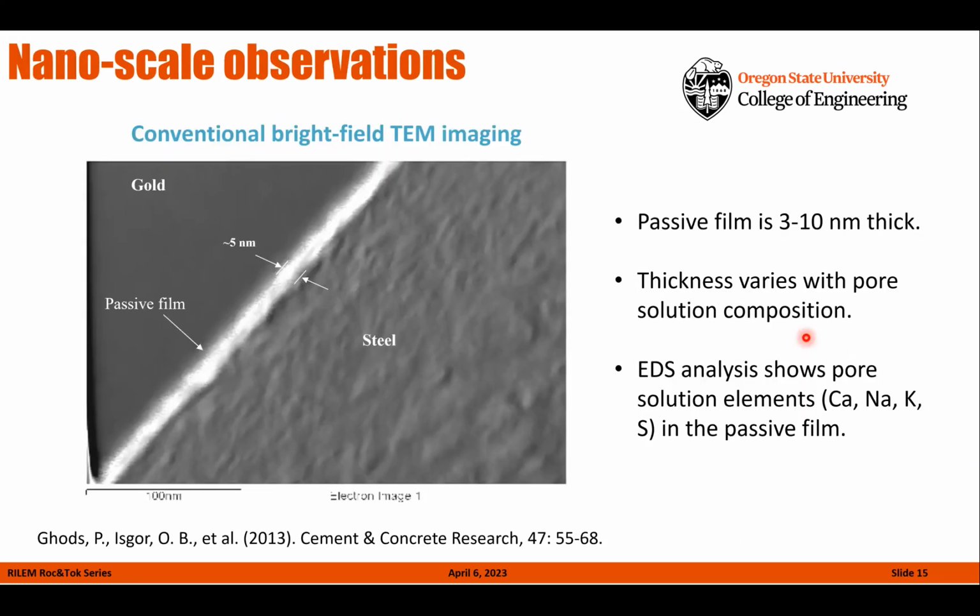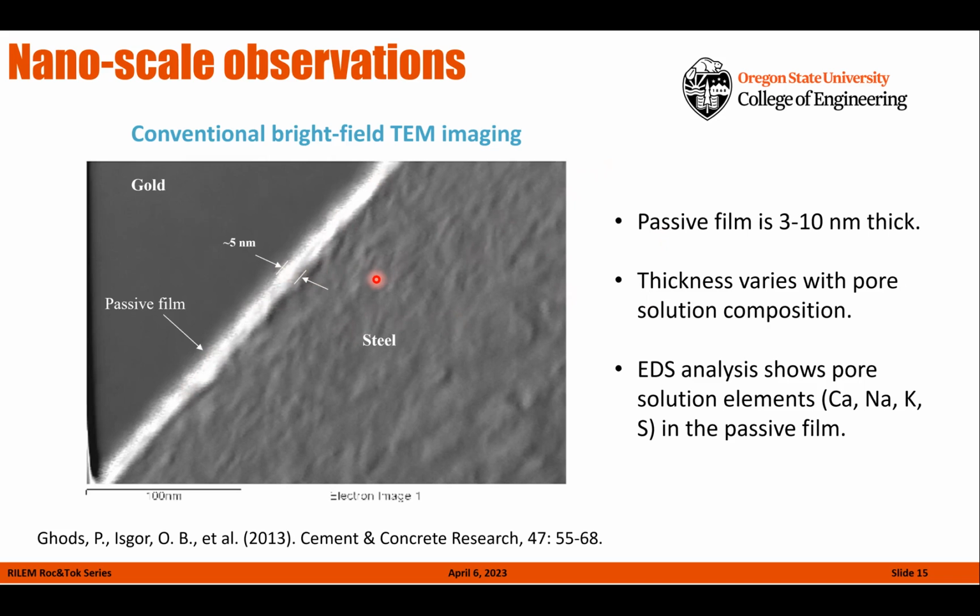So when you do that, you can see that under a conventional bright field TEM microscope, you can actually visualize a passive film on a steel surface. This is a passive film that was formed in a pH 13.3 simulated pore solution that includes sodium hydroxide, potassium hydroxide, calcium hydroxide, and so on. And you can see that here the thickness is about 5 nanometers.